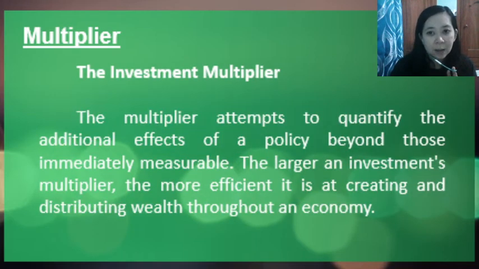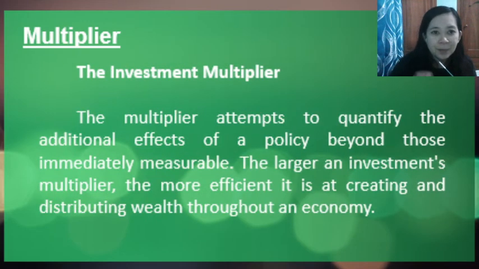Here, the multiplier attempts to quantify the additional effects of a policy beyond those immediately measurable. If there is a larger investment multiplier, it is more efficient in creating and distributing wealth throughout the country.